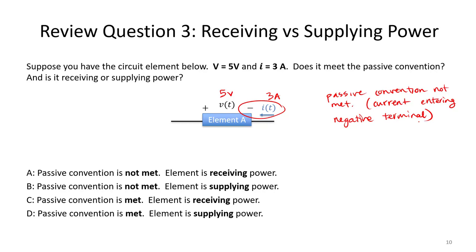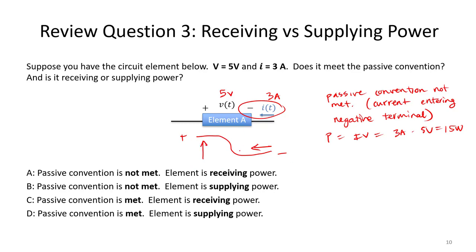So passive convention is not met, and notice that in this case our power is equal to IV, which is 3 amps times 5 volts, 15 watts, but notice we have to pump that 15 watts uphill.